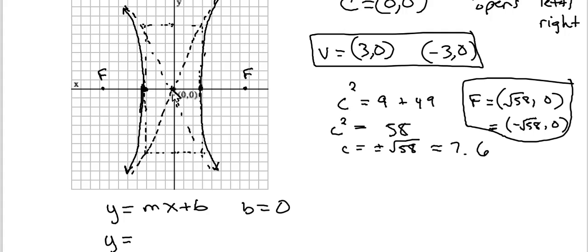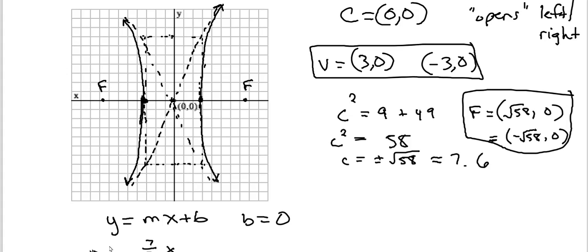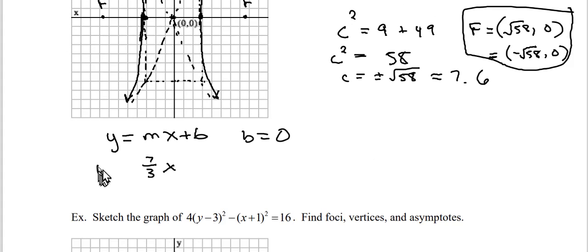In this case, the rise is 7, the run is 3. So we get 7/3 x. The other one is the same, but it's the negative. So often you will just put the plus or minus in here. Y equals plus or minus 7/3 x.